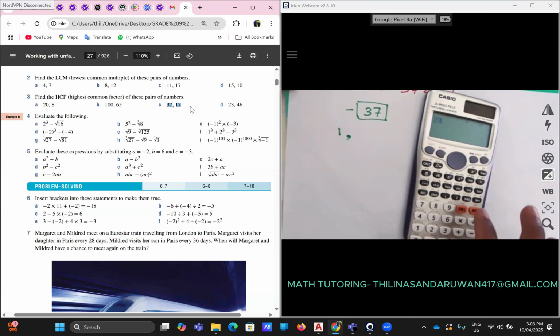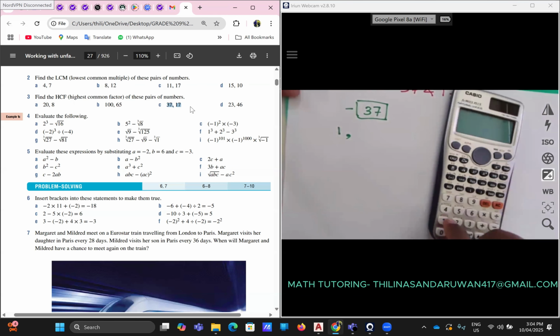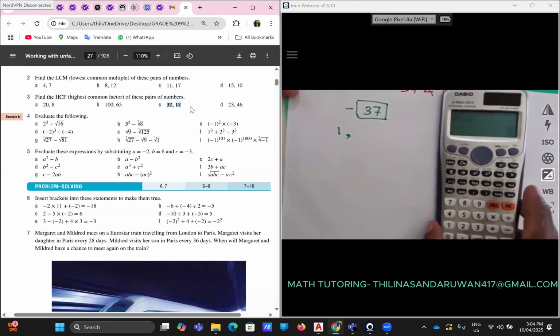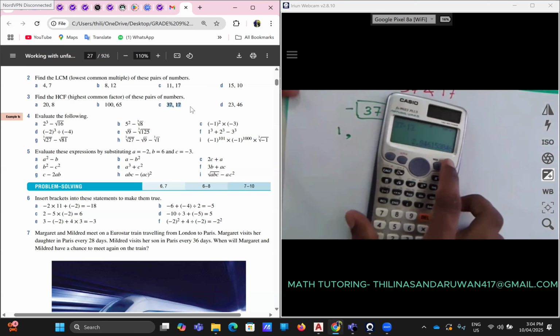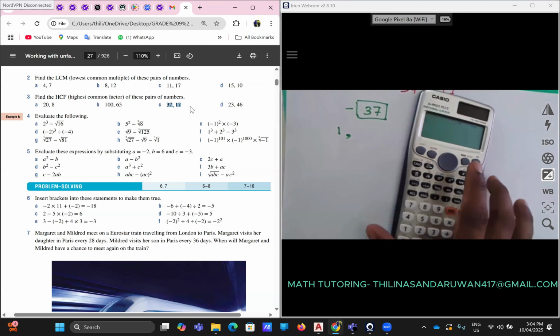By 6, not. 7 is not a factor. 8 is not a factor. 9, 18, 27, 36, not a factor. 10, 11, 12, 13. Let's try with 13. 37 divided by 13. Yeah, it's not a factor, because it had decimal numbers.